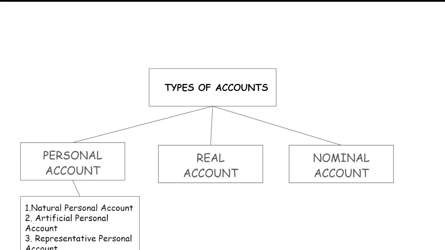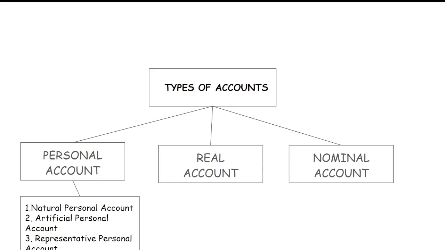Second type is real account. Real account meaning it is of an asset. So whatever assets you have in a business, all we can categorize as a real account. So you might have tangible asset, intangible asset, fixed asset, current assets, long term, short term assets.